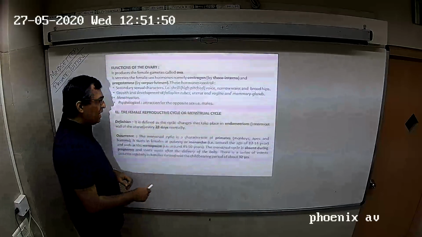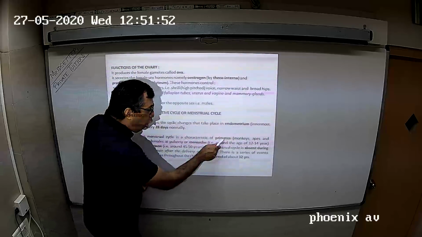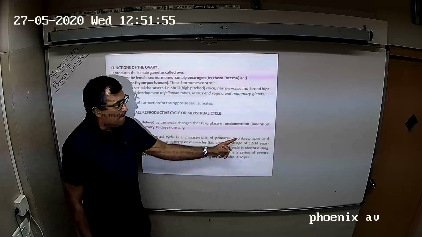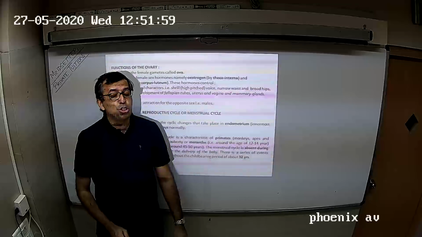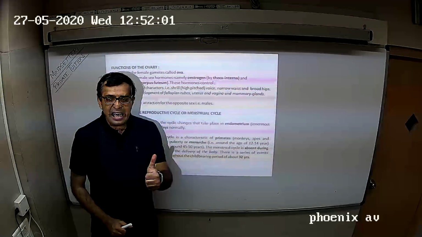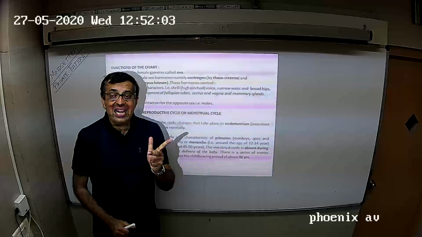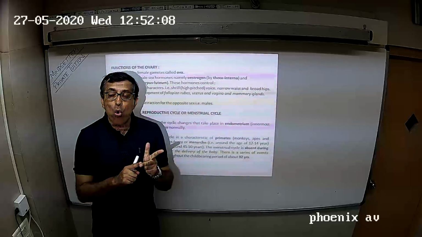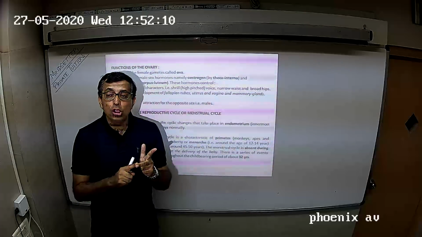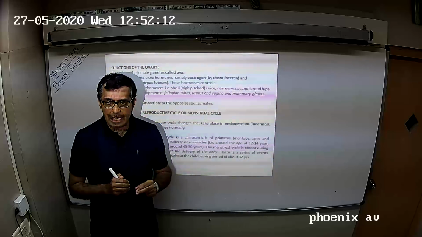The menstrual cycle is the characteristic of primates. Monkeys, apes and humans show the menstrual cycle. So monkeys, humans and apes, gorillas, chimpanzees, orangutans are all showing the menstrual cycle.